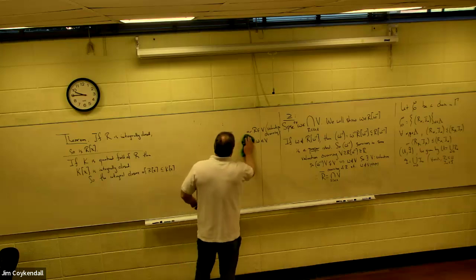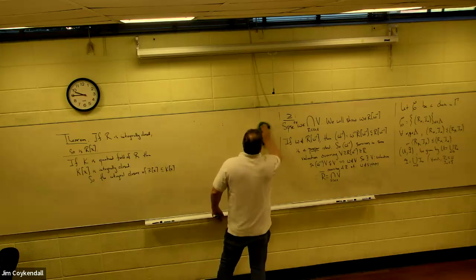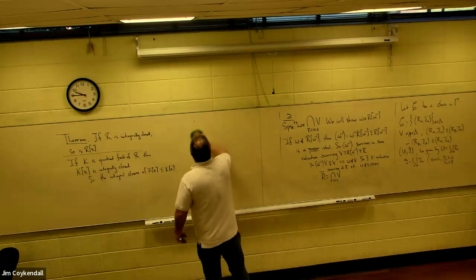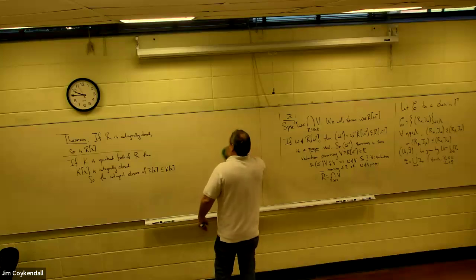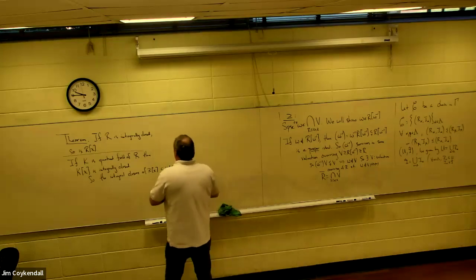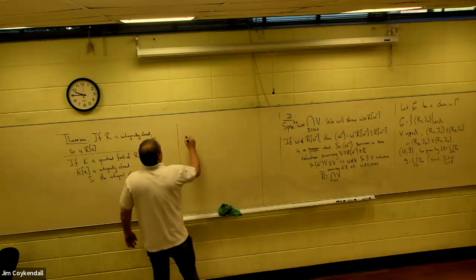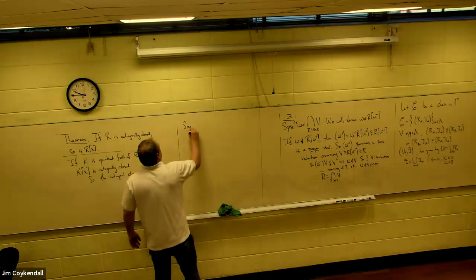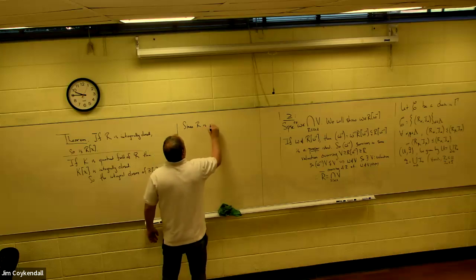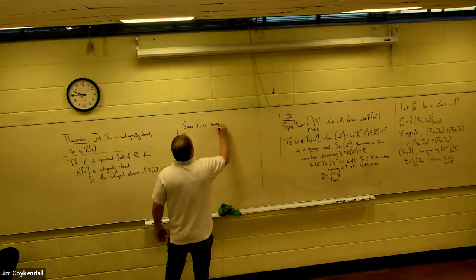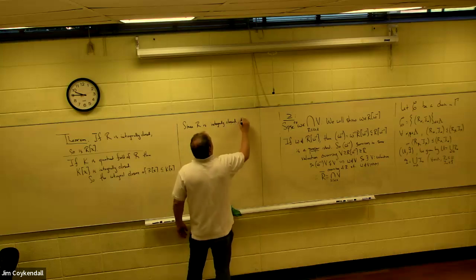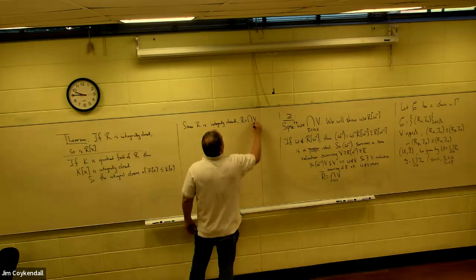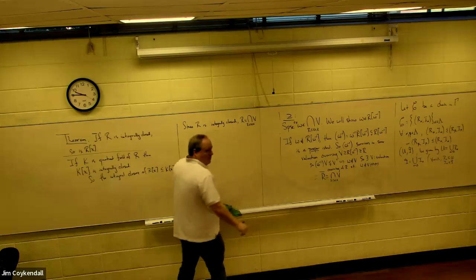And I'm going to make another observation, and that is, I'm going to now make this claim. Since R is integrally closed, R is the intersection of all the valuation overrings of R. All right.